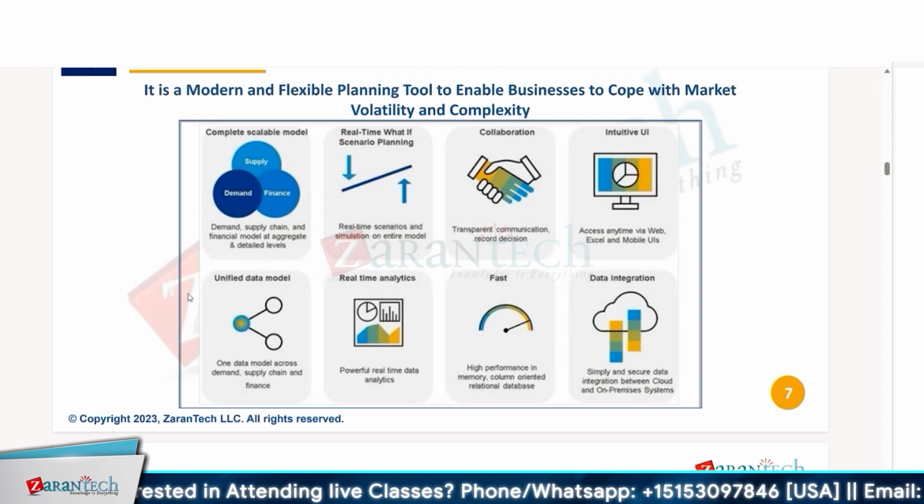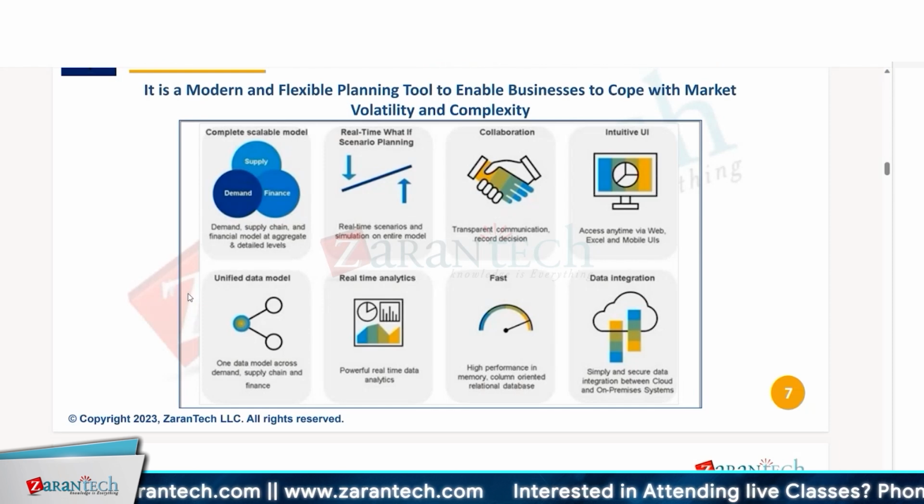What if analysis is something like the 5 why study. You ask 5 times why, and you get the root cause of the problem. Similarly, it is identifying the problem, or anticipating the problem before it arrives, so that you have the right set of solutions when the actual problem comes.